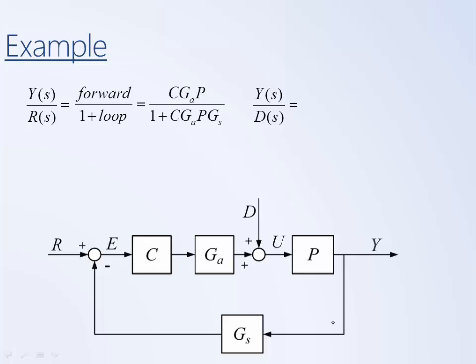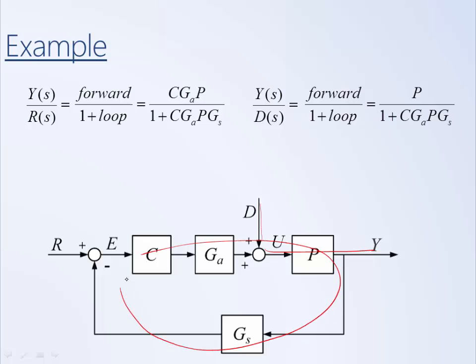But our feedback loop, the loop part, is exactly the same as it was when we looked at R. So applying that rule, P is the forward path, and our loop is the same loop as we had in both cases. Okay. If you have a little bit of trouble believing this rule when we have D as an input, I'll try and justify it to you a little bit better on the next slide.